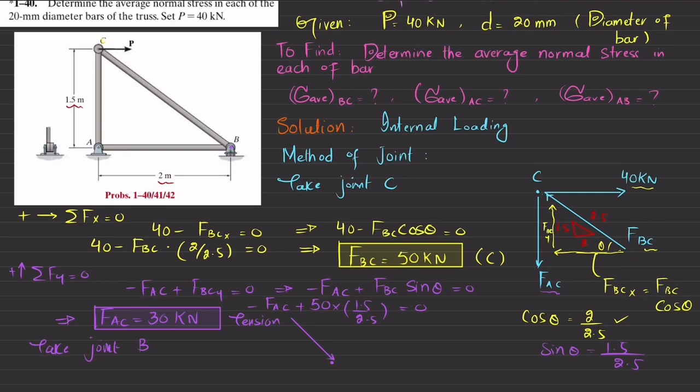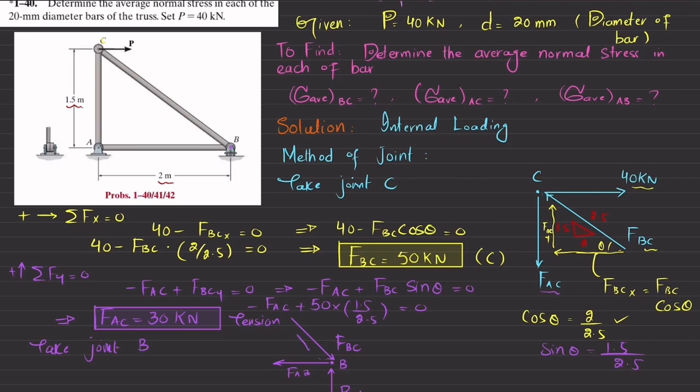At point B it should be in the downward direction because the force exerted by member BC at joint B will be compression, so FBC. And at point B you have a roller support, so you'll have a reaction force which is BY. And there is a horizontal force of member AB which will be in this direction, FAB.